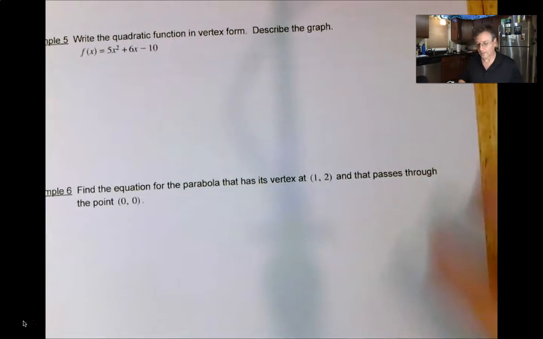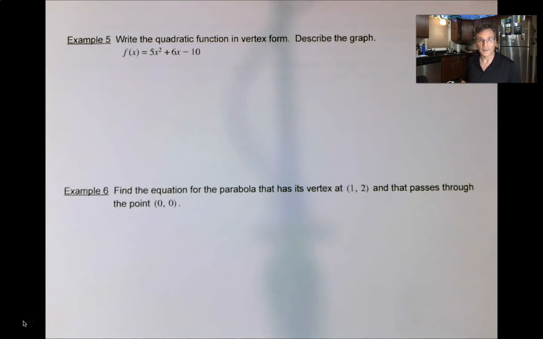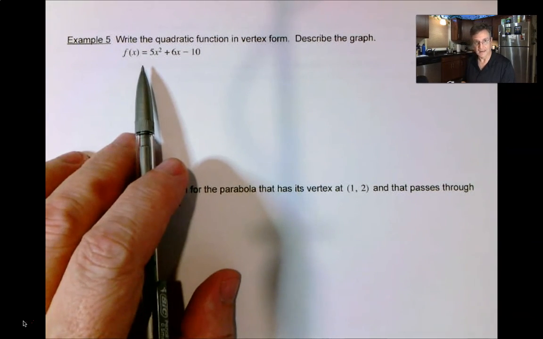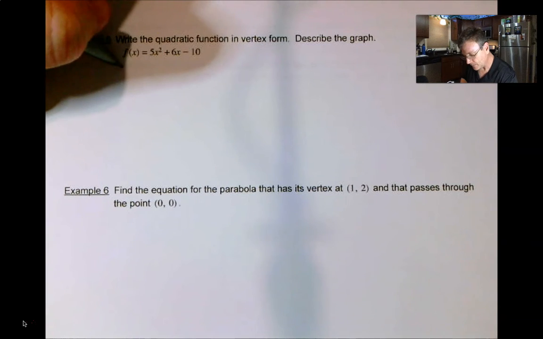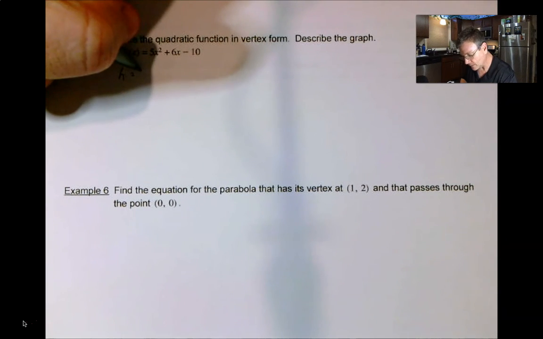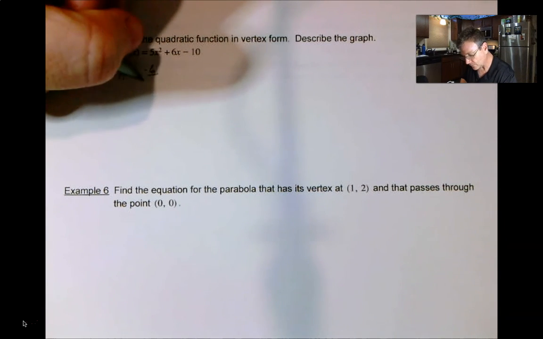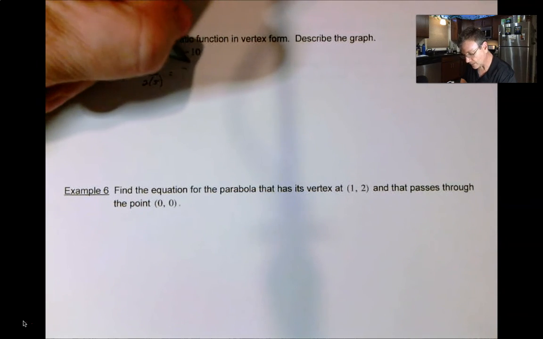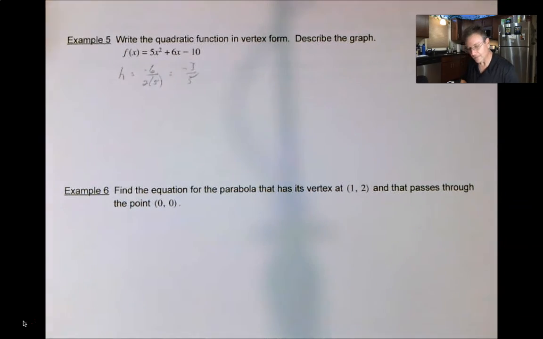That's example 4. Example 5. Write the quadratic function in vertex form. Again, I'm going to use that -b/2a. So h equals -6 over 2 times 5, or -3 fifths.